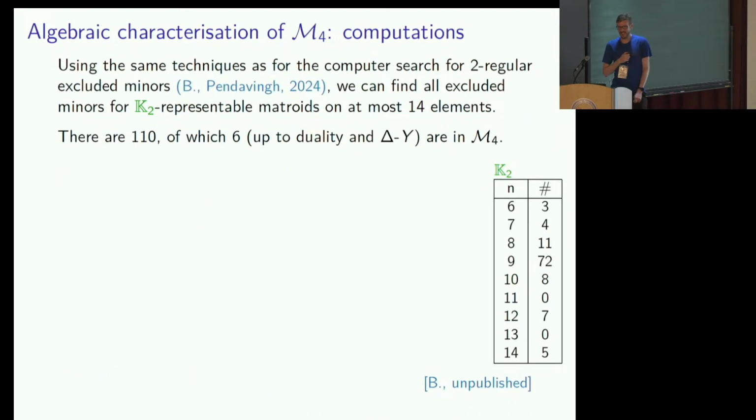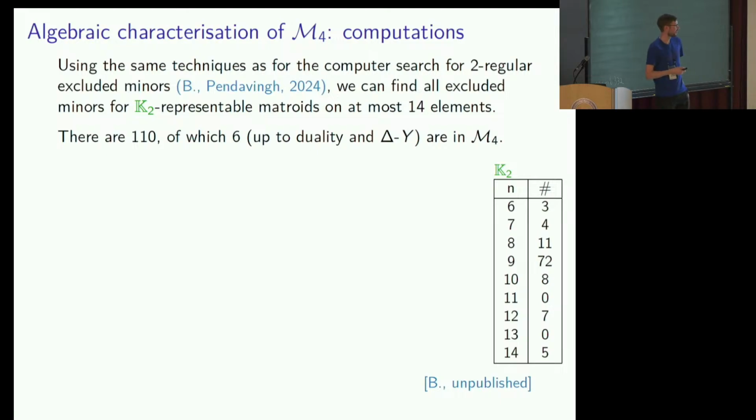So having done this work to be able to compute these excluded minors for two regular matroids, it was little effort to do the same thing but with these partial fields K2 and P4. So using essentially the same code but rejigged for these different partial fields, I had a go at finding the excluded minors up to a certain size for these partial fields. So first of all for K2, and the numbers of excluded minors here I'm not really interested in, but I have shown them.